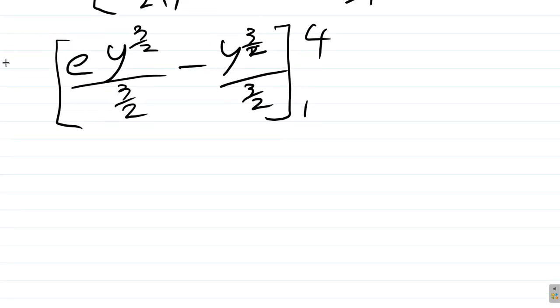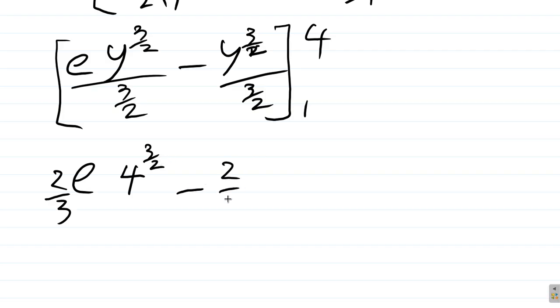So what you have here now is you substitute for y: e times 4 to the 3 halves. When you divide by 3 over 2, it's the same as 2/3. So it's 2/3 e times 4 to the 3 over 2 minus 2/3 4 to the 3 over 2.